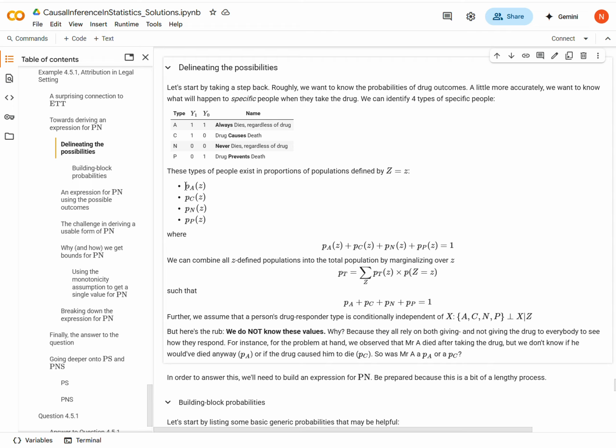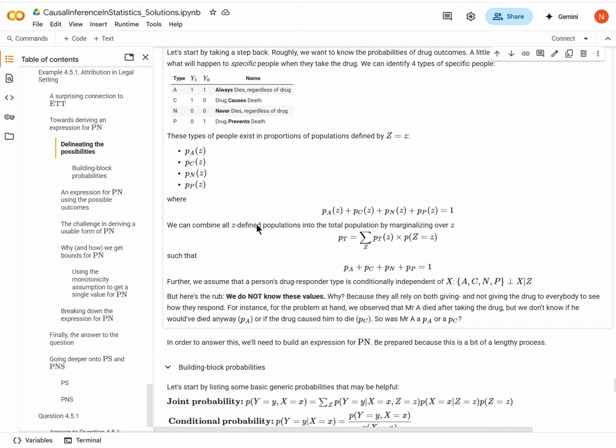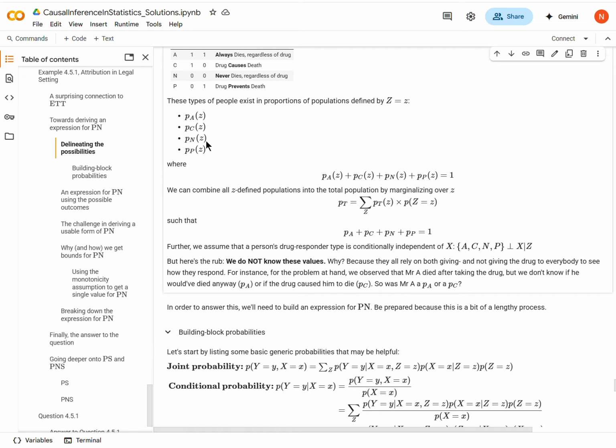So again, this is just the probability, or maybe the proportion of A, of people who always die, in health class little z. Okay, and so for each health class Z, these different proportions need to add up to 100%. Okay, so I hope that makes sense.